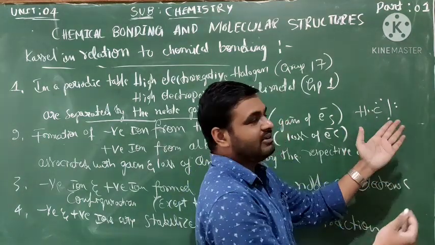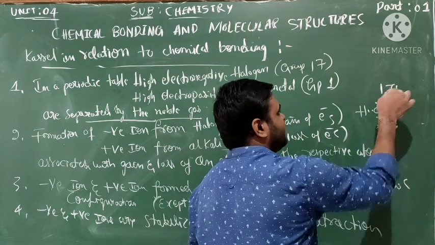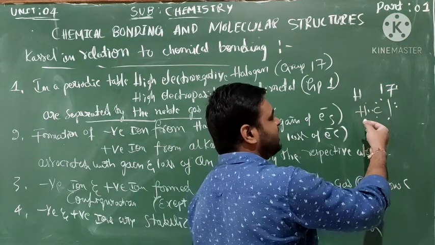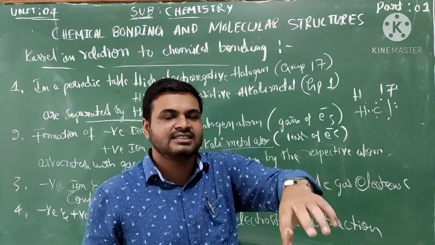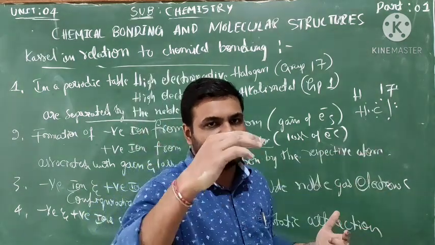And chlorine has a gaining character. Chlorine is the 17th group, and hydrogen is the first group. Hydrogen is not an alkali metal, but it is always called a losing character. Hydrogen should always lose its electron.